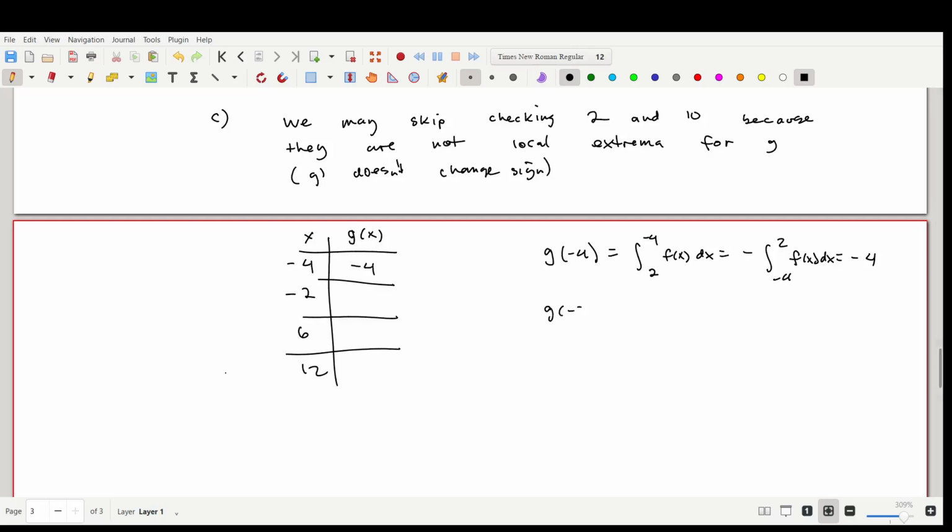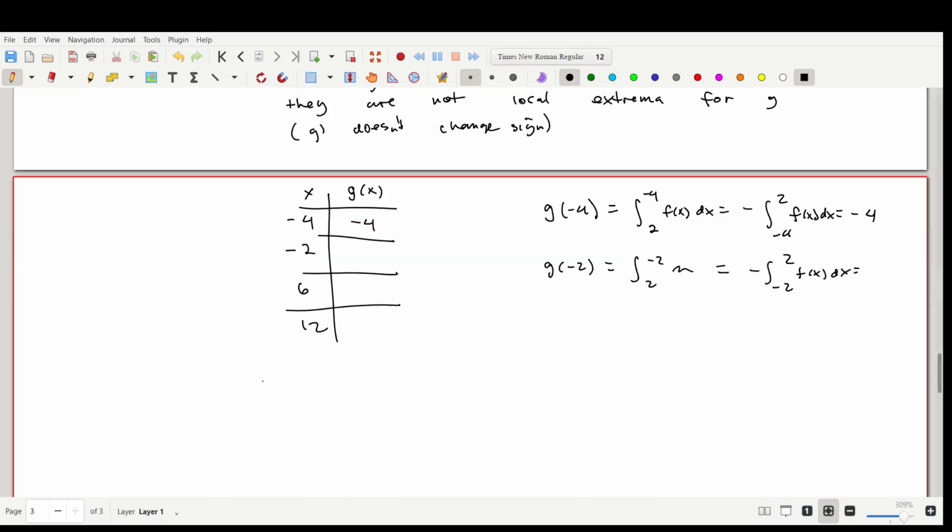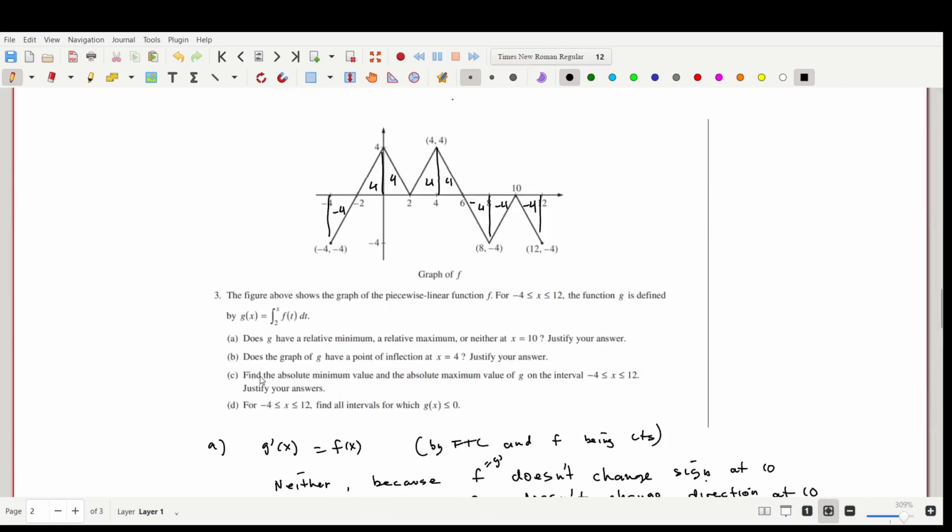G of -2 is the integral from 2 to -2, which is negative the integral from -2 to 2 of f of x dx, which is 8. Again, there's a negative up front. G of 6, am I doing this right?